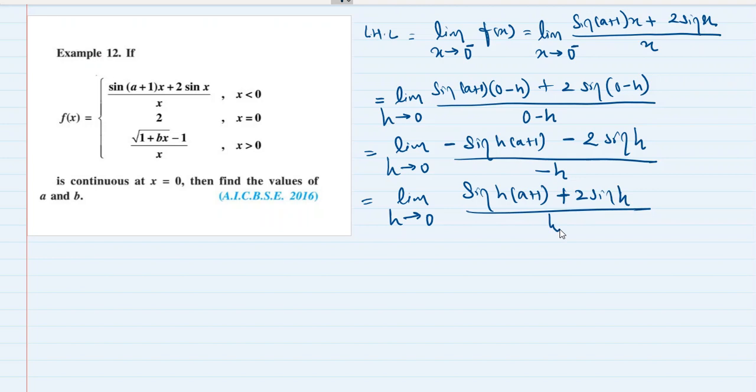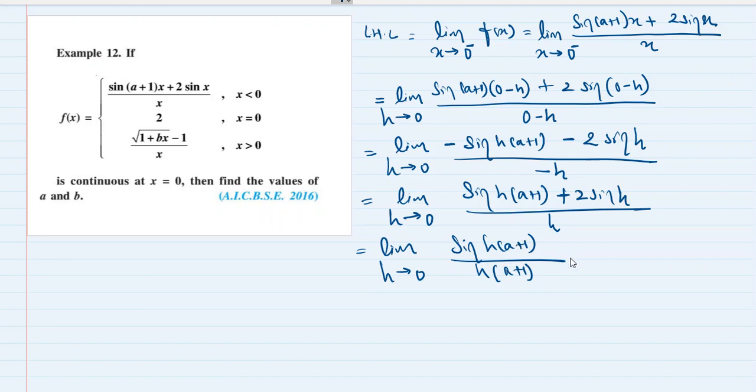Now it is time for simplification, and for simplification I'm going to do something a little unusual. Just have a look. Limit h tends to 0 of sine of h(a plus 1) upon h(a plus 1). Now you must be thinking there is no h(a plus 1) in the denominator.